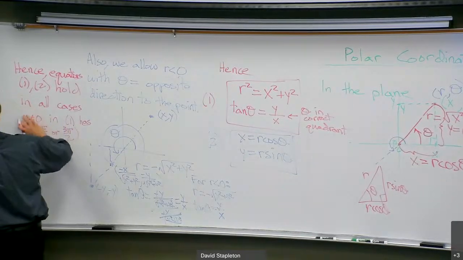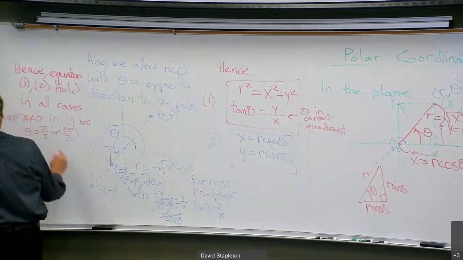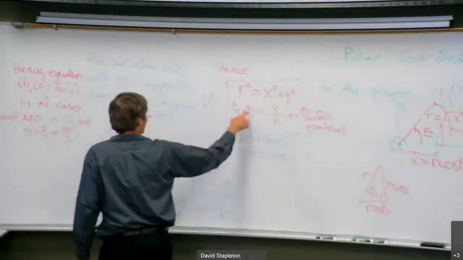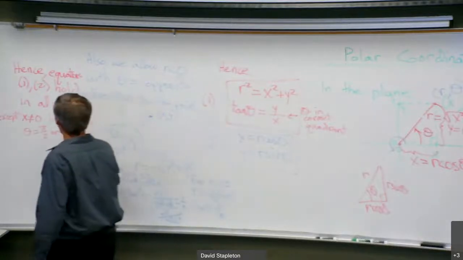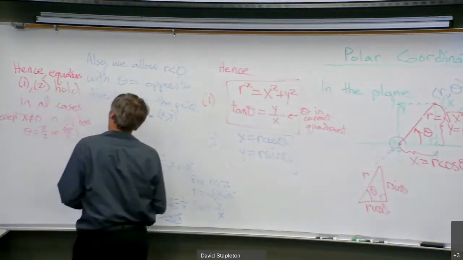I guess I should put this exception. It's just you choose r negative and theta the opposite direction, or r positive and theta the same direction is the point. That's how it works.